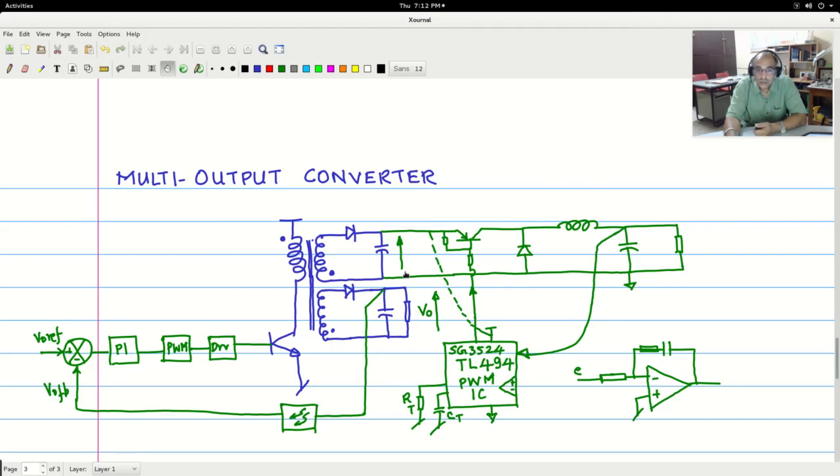So this portion, this green portion which I am showing here with the mouse, is a full-fledged closed loop buck regulator that we discussed till now and even simulated.